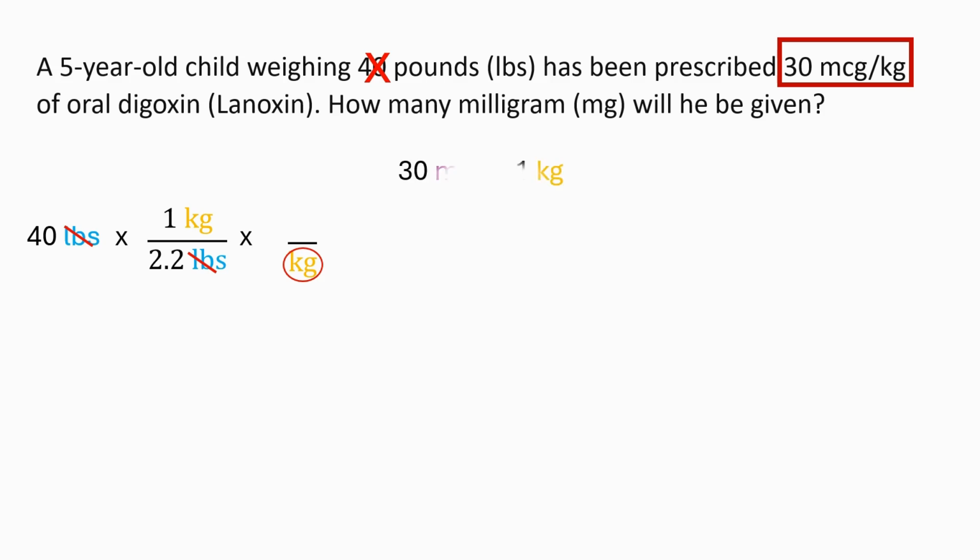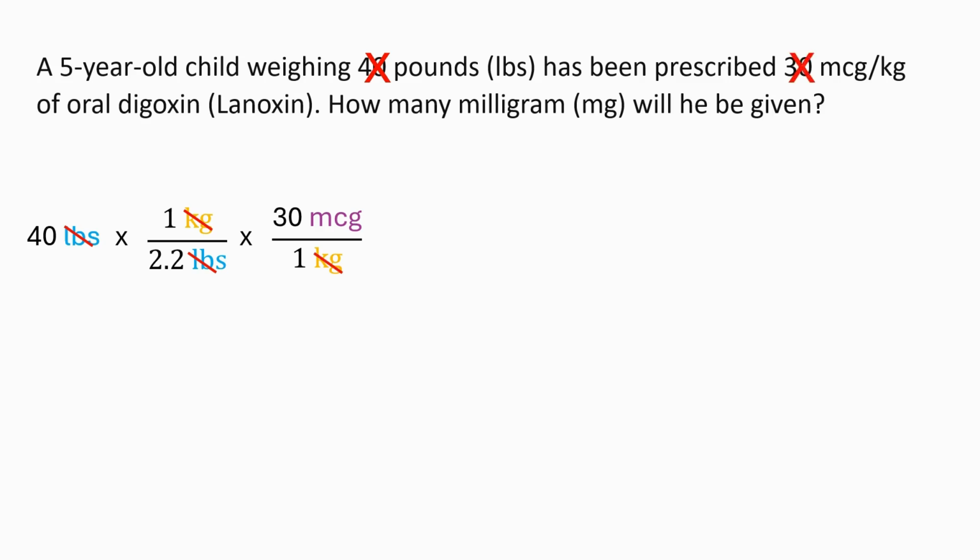So we rewrite it: 30 microgram is equal to 1 kilogram. We put the 1 kilogram in the denominator, and 30 micrograms will go in the numerator. So we cross out the kilograms, right? And then we cross out the 30 microgram per kilogram in the question so we don't use it twice.